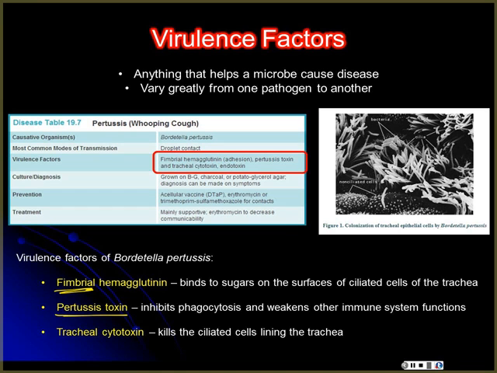And in addition to that, it makes a toxin called pertussis toxin that actually inhibits phagocytosis. So this is a weapon where it's actually fighting your white blood cells. And it also weakens other immune system components. That's another thing that some pathogens do. They have ways of weakening the different weaponry of your immune system.